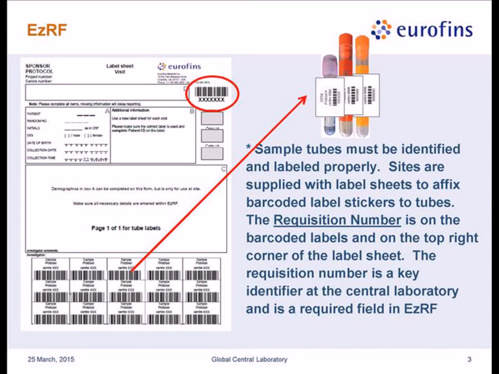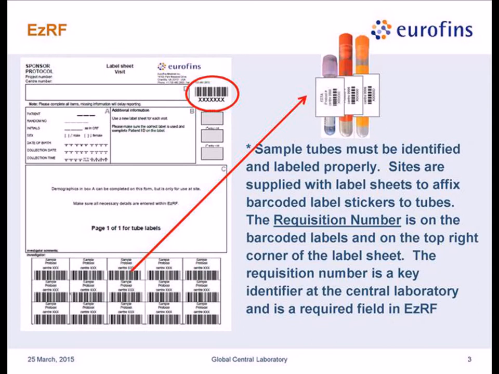Now, when you use the online requisition form, for example, if you're trying to complete the requisition form for visit 1 safety samples, ambient samples, you would take the paper form for visit 1 safety ambient samples.